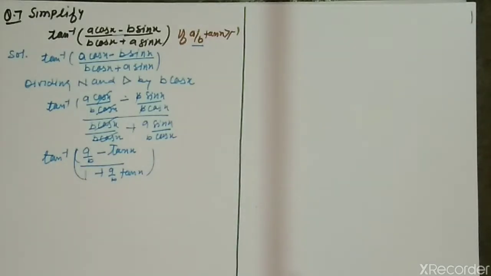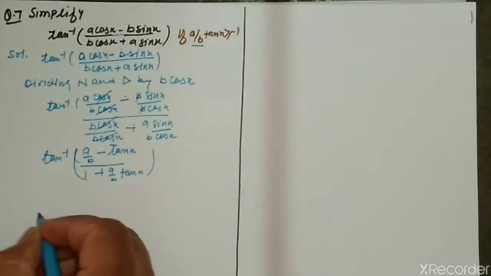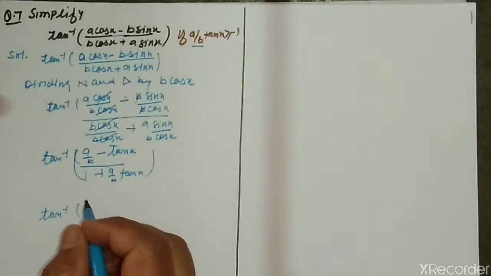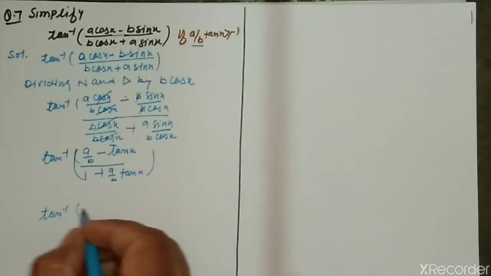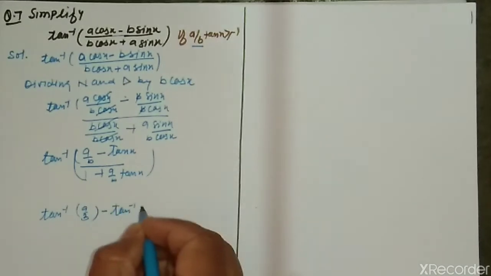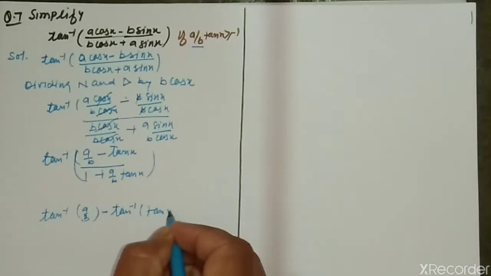Clear? So we can compare this by an identity, we can write it as tan inverse a upon b minus tan inverse tan x.